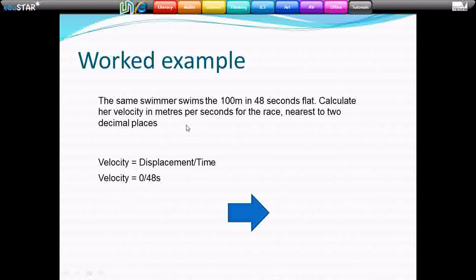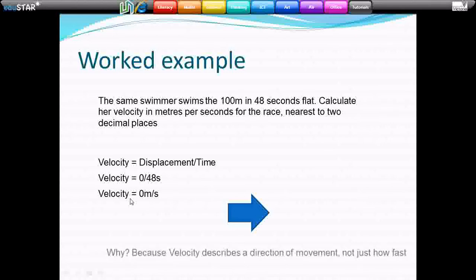However, this time, because it's 100 meters and we're in a 50 meter pool, the swimmer will swim up and they will swim back and they will arrive back at exactly where they started, which means that the displacement is 0. So for velocity it's 0 divided by 48 seconds, and 0 divided by anything is going to be 0. So her velocity for that race is 0 meters per second.